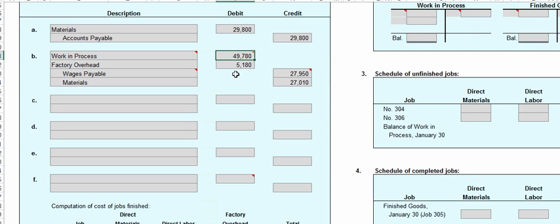Our debit to factory overhead is for that bottom row, materials and factory labor on that bottom row that reads for general factory use, the 1080 plus the 4100. Our credit to wages payable is for everything in the factory labor column, including the bottom row. And our credit to materials is for everything in the materials column, including that bottom row.